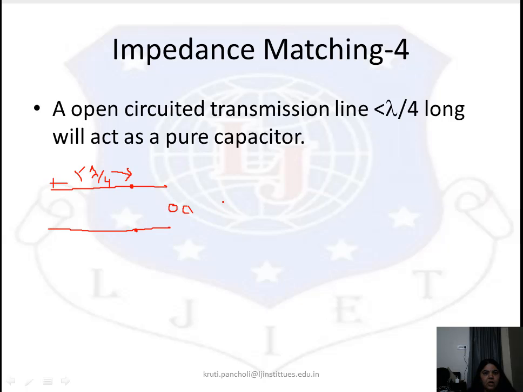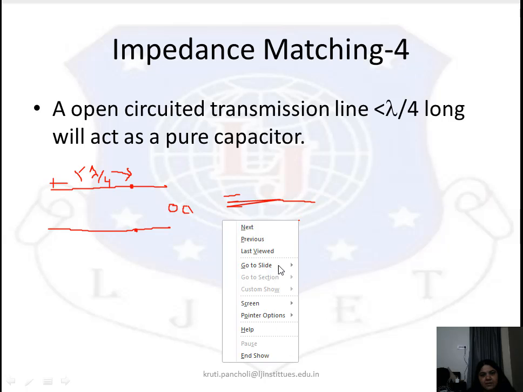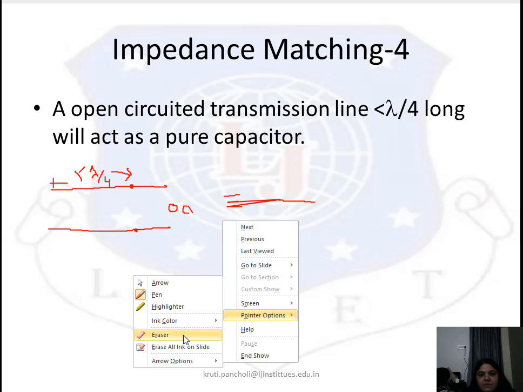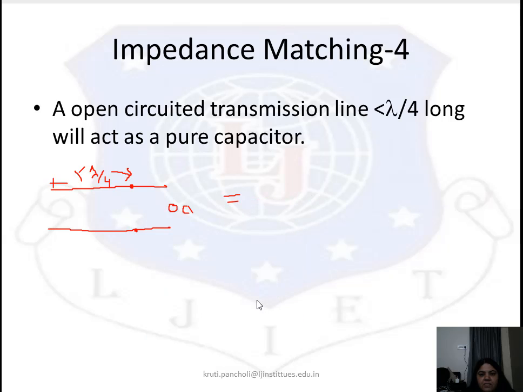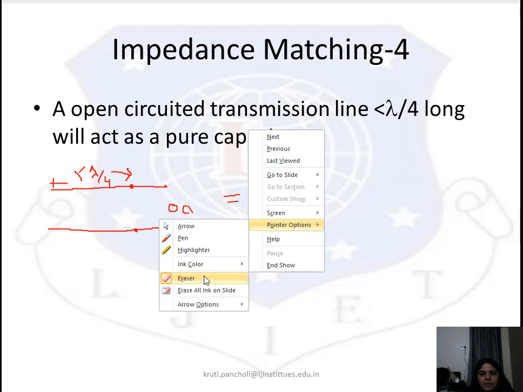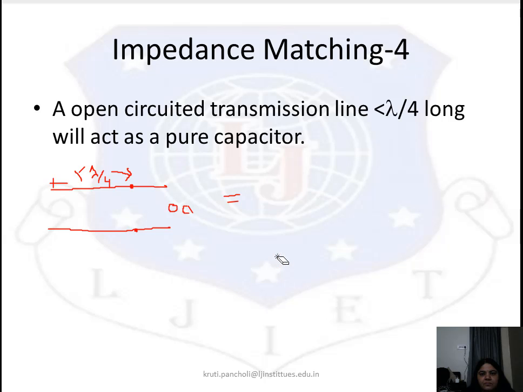It will act as a pure capacitor. So it will act as a pure capacitor.